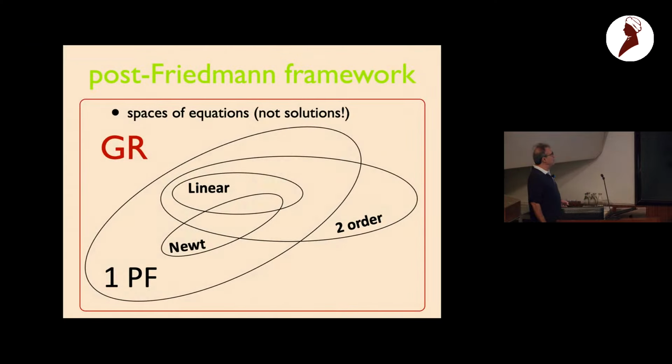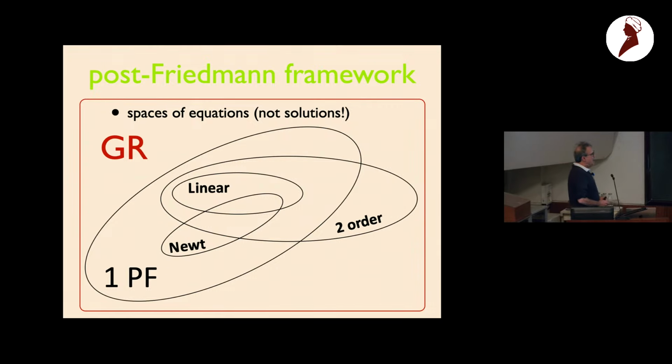So, moving on, schematically, think in this way: if you consider all of GR, you can linearize it, and part of the linearization coincides with Newtonian theory. You can go second order in GR, but you can do this post-Friedman expansion, and the post-Friedman expansion includes in full linear perturbation theory, and part of second order, okay?